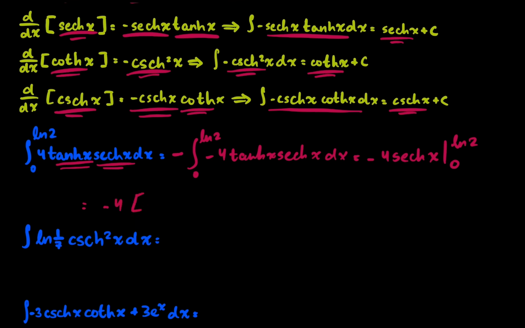Sech x is just going to be 1 over cosh, so if you want, you can say 2 over e to the x plus e to the negative x.